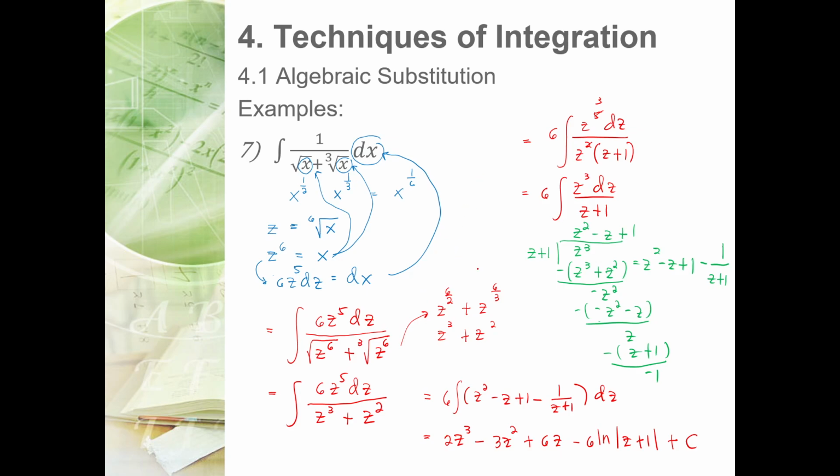Of course, don't forget to bring back the value of the z variable. So let's write it down here because there's no more space.